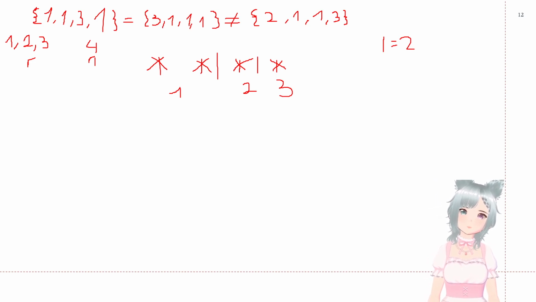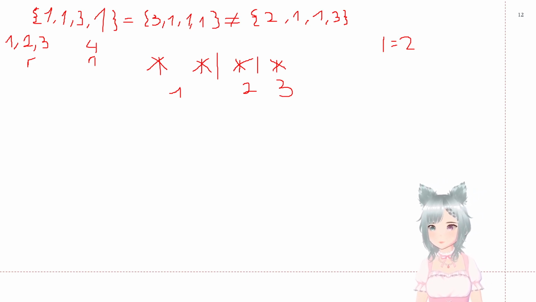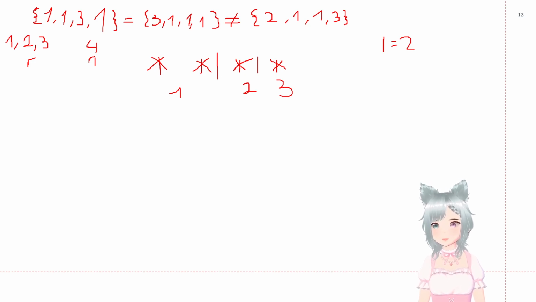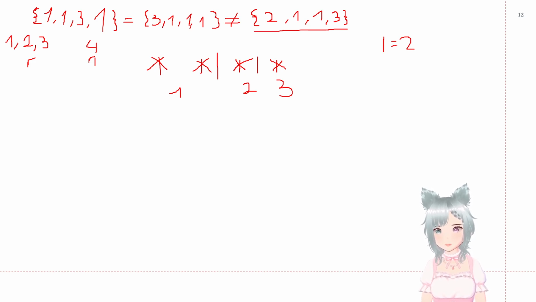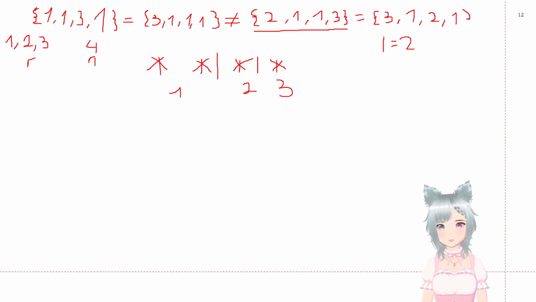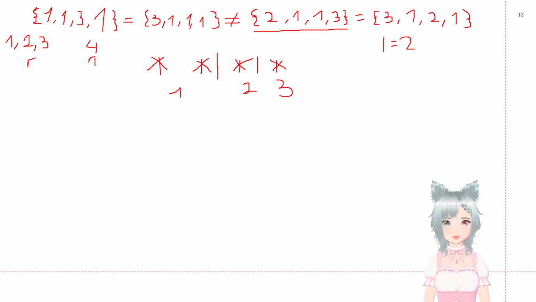And the stars just show how many times each number is represented. So for example, this combination of stars and lines features all sets that have two ones, 1, 2, and 1, 3. For example, this one here. We have 2 1s, 1, 2, and 1, 3. What it also would represent is this one right here, where we have 3, 1, 2, and 1, which is a different method of writing down the same set, but it's all featured in this one set.